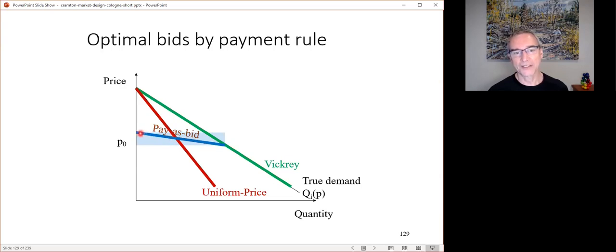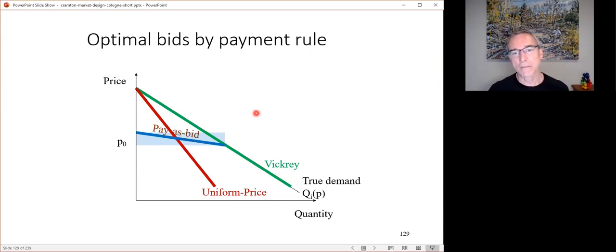I want to make sure when my value is super high that I'm definitely going to be winning, so I bid above what I think the expected clearing price is. But then out here, I want to bid likely below the expected clearing price, because I'm very happy losing these units, because the profit I'm making from these last units is effectively 0. So that's intuitively what's going on.